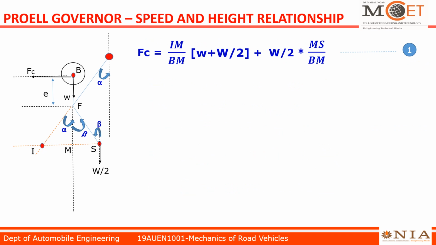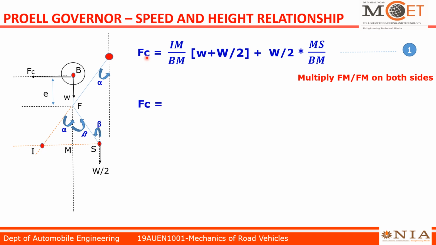As discussed, instead of Bm, here if we have Fm, we can go for Im by Fm equal to tan alpha. Instead of Bm, if we have Fm, Ms by Fm is equal to tan beta. So we have to make Bm as Fm, so we just multiply Fm by Fm on both sides. If you multiply Fm by Fm, here it gets struck out.